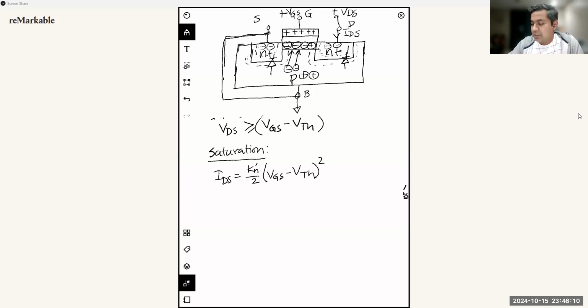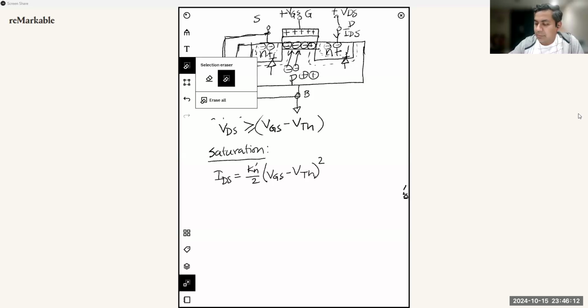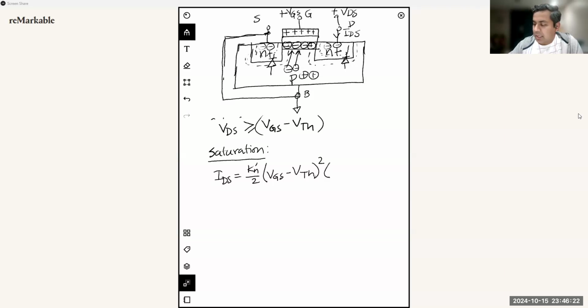But as we are discussing the parameters, there is also another parameter that will come up now, which is called channel length modulation. That term appears in the saturation region in terms of another constant, which is lambda times VDS. So that is how the IDS ideally is not supposed to be dependent on VDS.